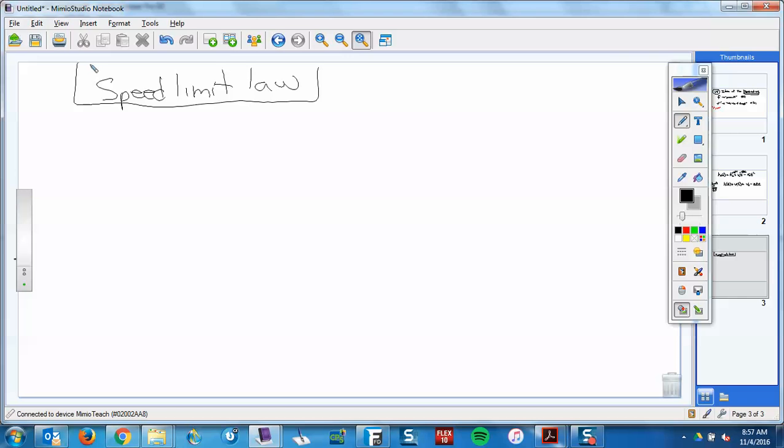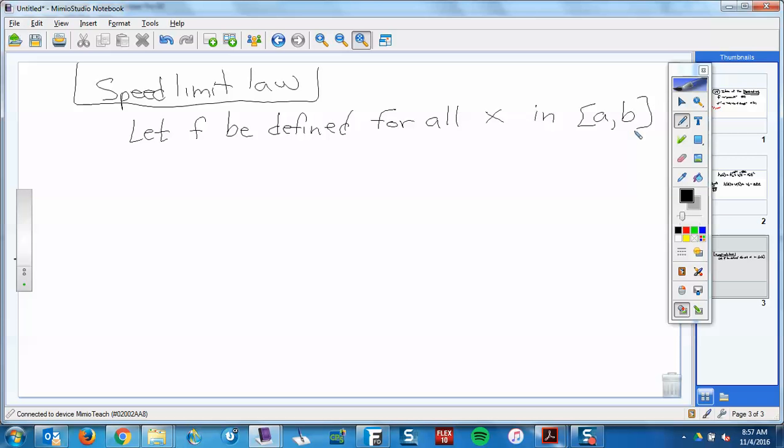All right, so the speed limit law, we're going to write this out. I wouldn't mind if you wrote this out in your notes. I'm going to write it here, okay? So it says, let f be defined for all x in the closed interval [a, b]. So that just means it's not undefined anywhere, right?